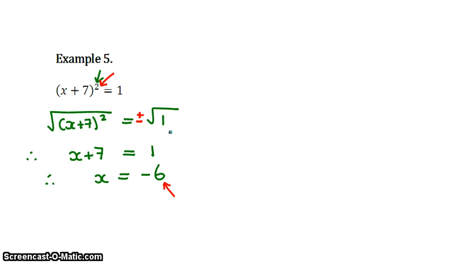The square root of 1 is positive 1, or it could also be negative 1. And if you forget that, you lose the second solution, which, minus 7 from both sides, would be minus 8. If you remember this positive negative square root thing, there's nothing wrong with this method. The only problem is most people forget.